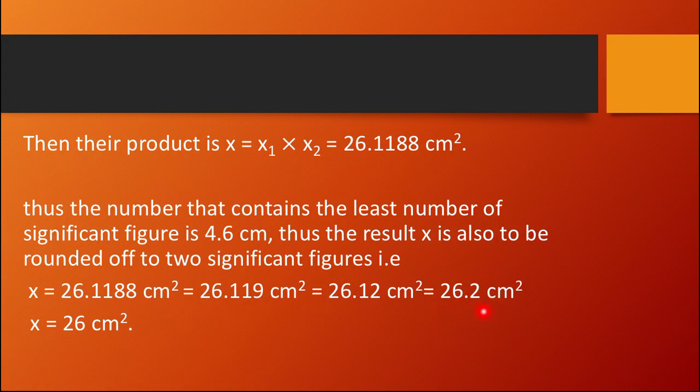Here you can see that this result is least precise, but it has 3 significant figures, 1, 2 and 3. But in our data, the least number of significant figures is 2. So we will round off our result and we will get x equals 26 centimeter square. Here you can see the number of significant figures is 2, 1 and 2.